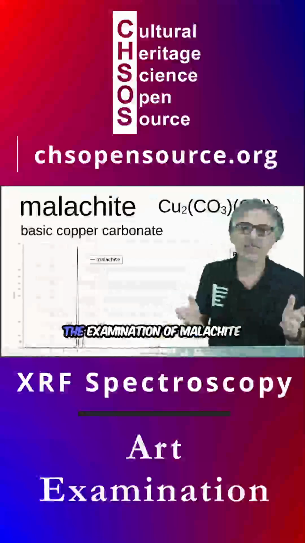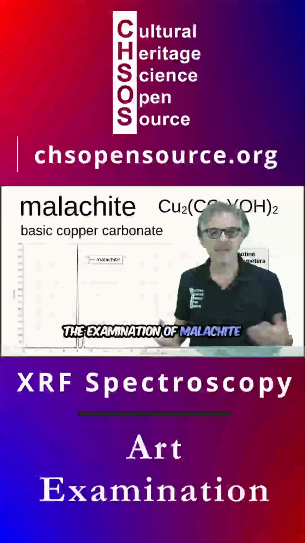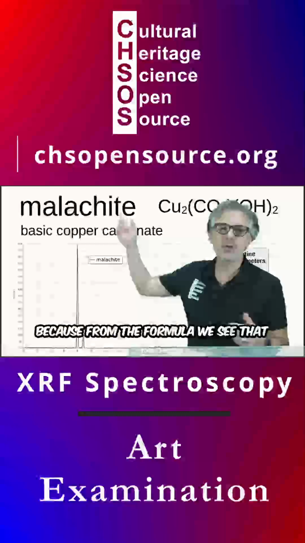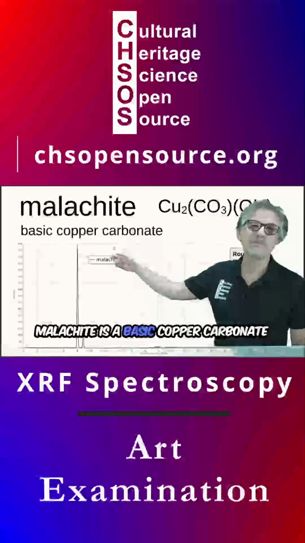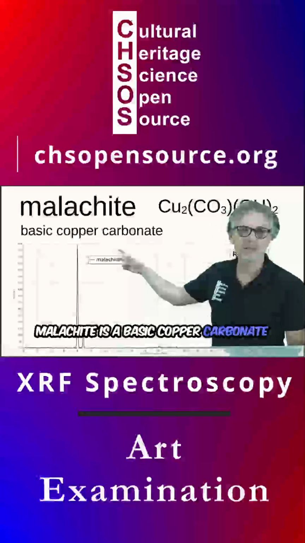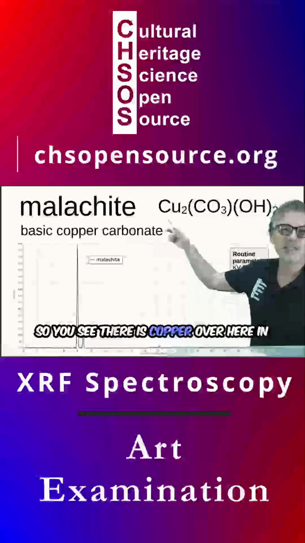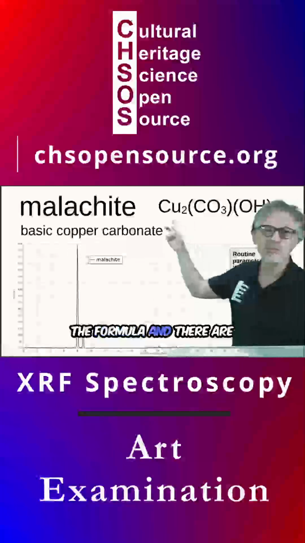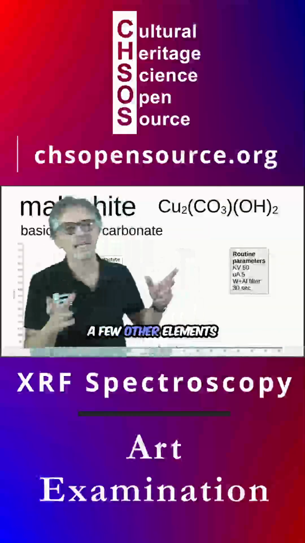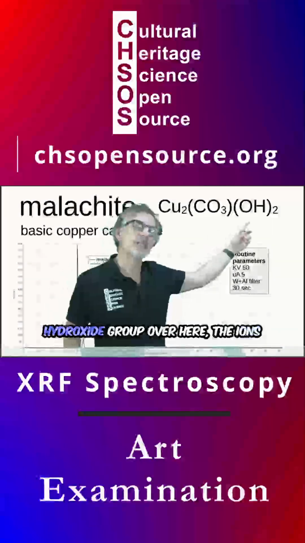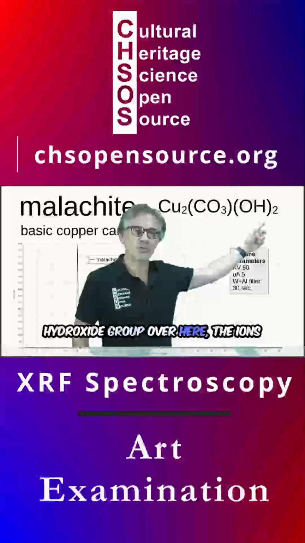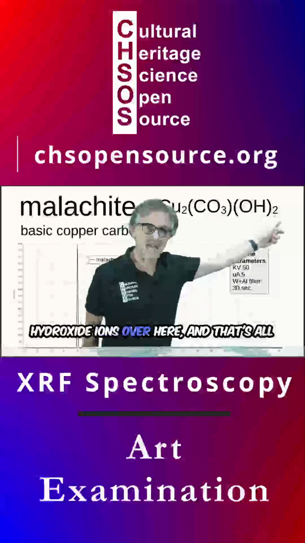The examination of malachite is pretty easy because from the formula we see that malachite is a basic copper carbonate. There is copper in the formula, and a few other elements: the carbonate group and the hydroxide ions.